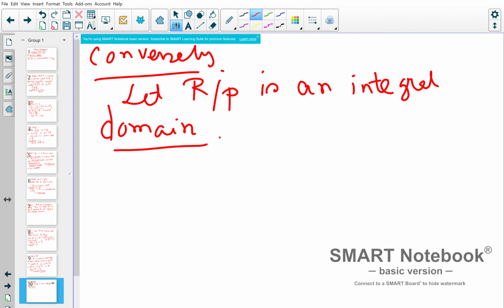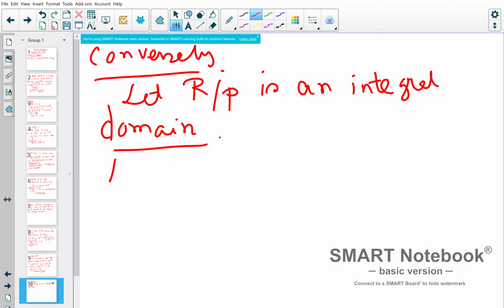This is the converse part, and I need to prove that p is a prime ideal. So to prove something is a prime ideal, what do I need to check? I need to check that if a product of two elements is inside p, then one of them is inside p.